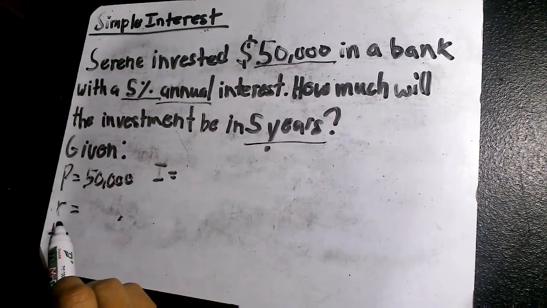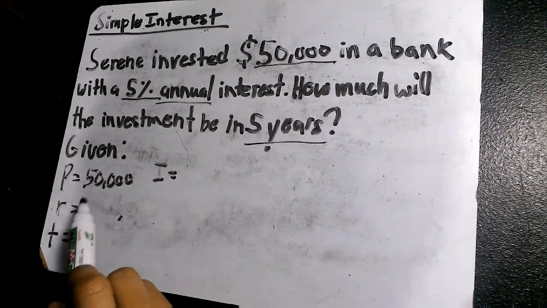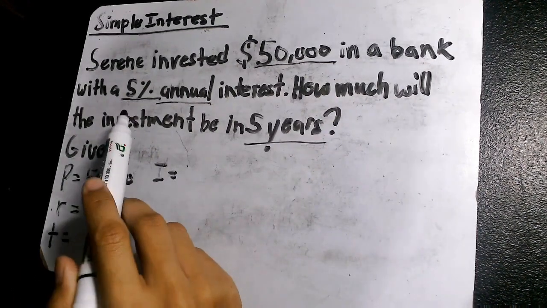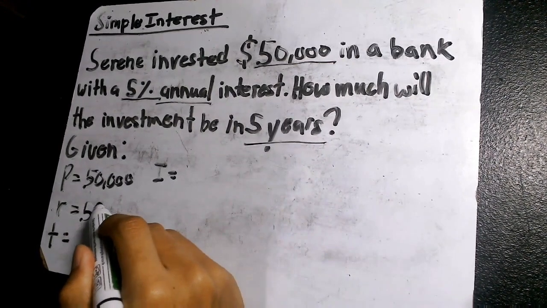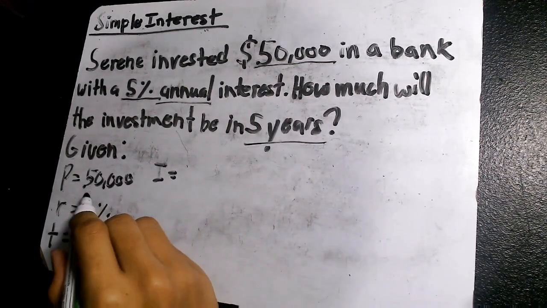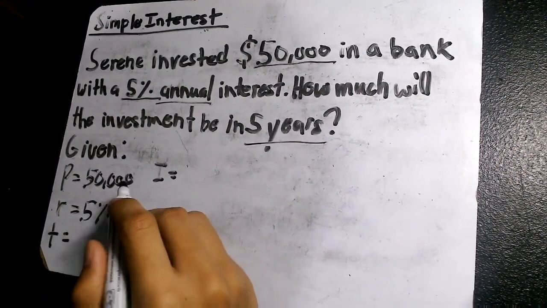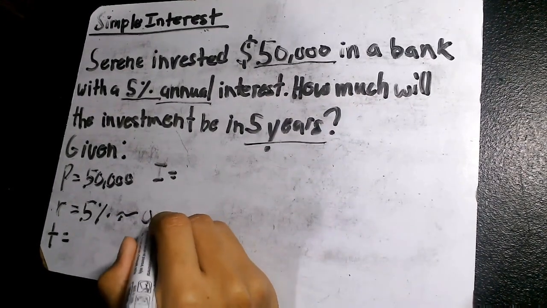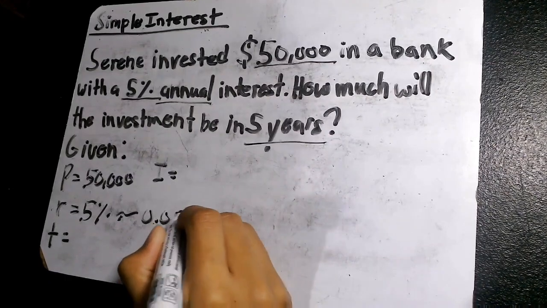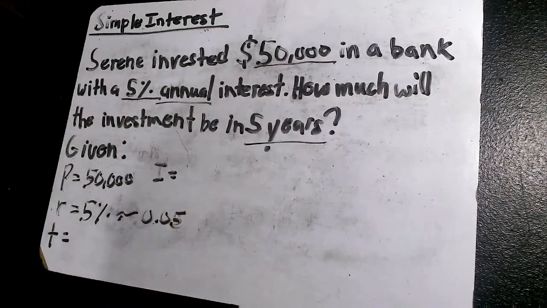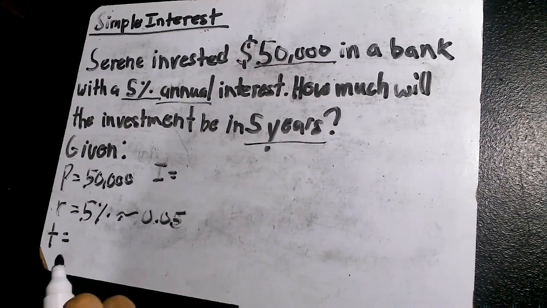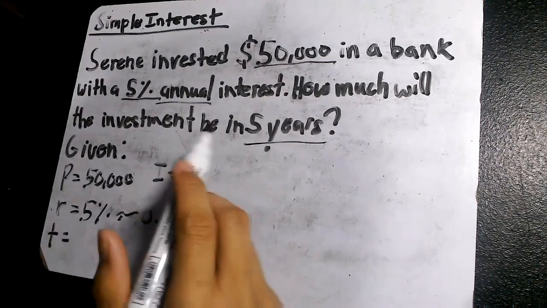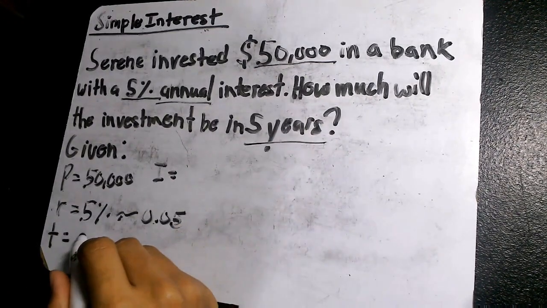After that, rate is 5%, which we will divide to 100, and the answer would be 0.05. And time, or T, is this one, 5.